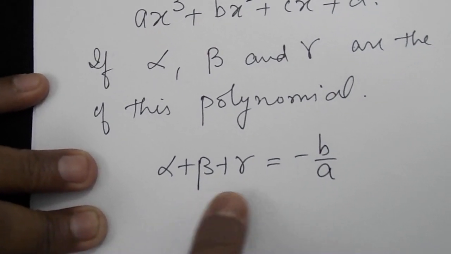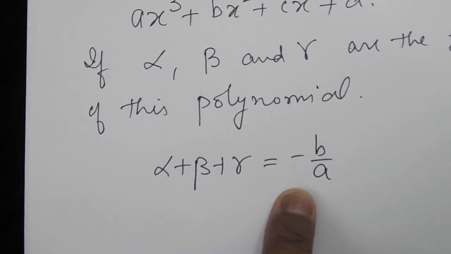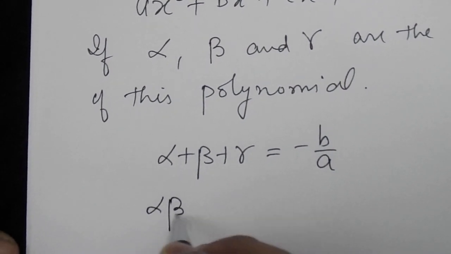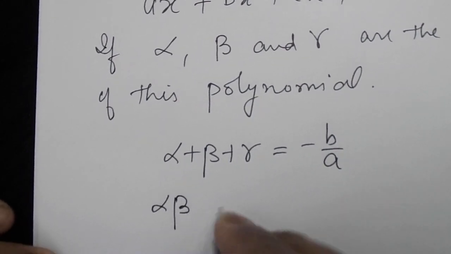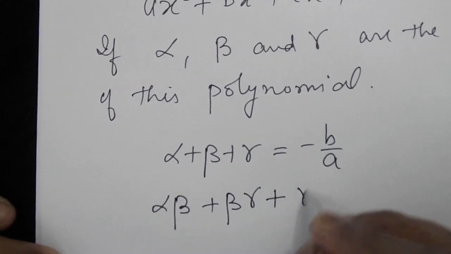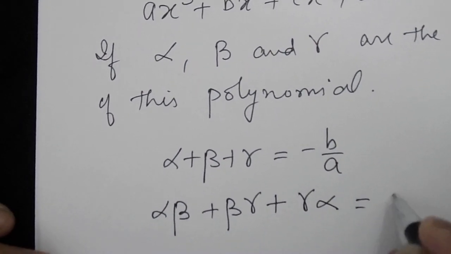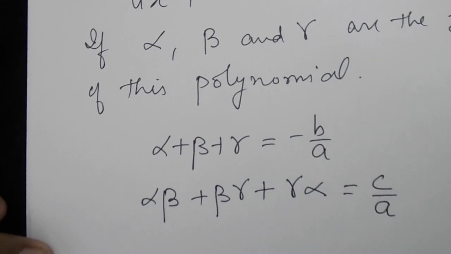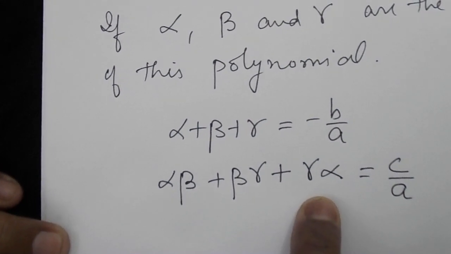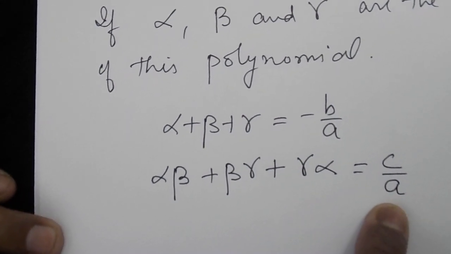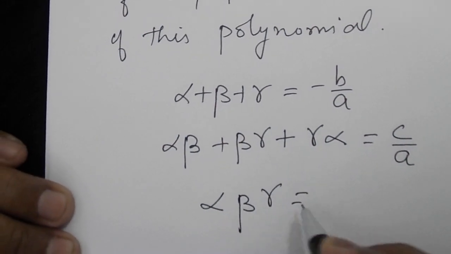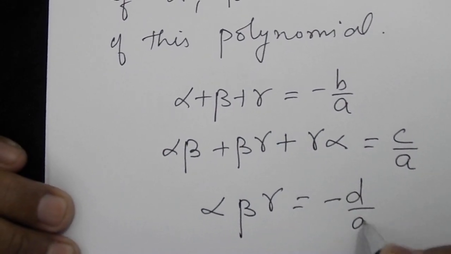The sum of the products, alpha into beta plus beta into gamma plus gamma into alpha, is equal to c by a, and the third one, alpha into beta into gamma, is minus d by a.